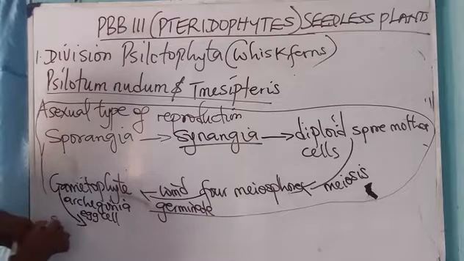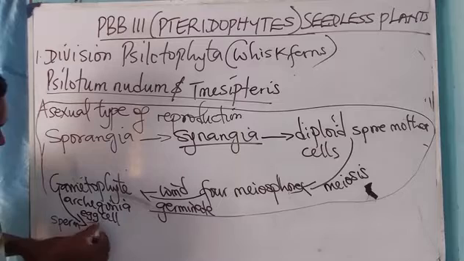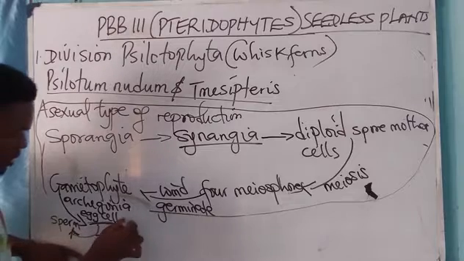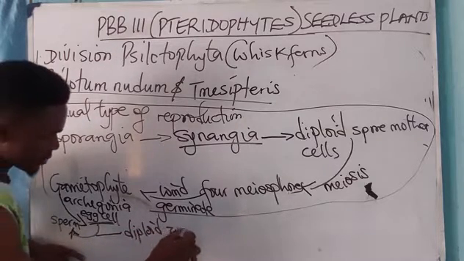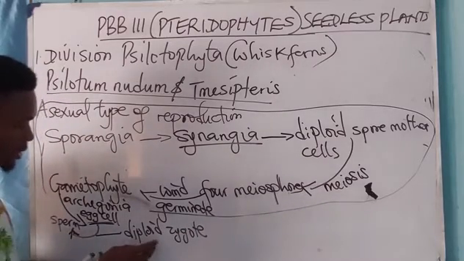Antherizoid or sperm. Let me use sperm because of space. As soon as this egg cell fuses with the sperm, it forms what? A diploid zygote.